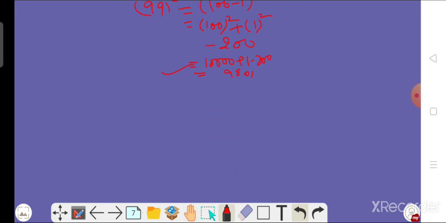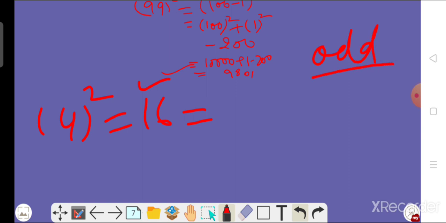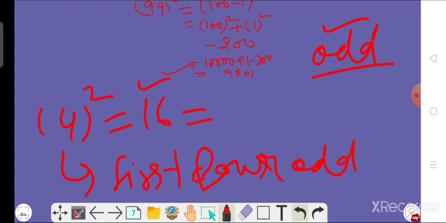And also we can represent a number's square as the sum of odd numbers. For example, 4 square is equal to 16. We can represent this 16 as the addition of odd numbers. Okay, and the odd numbers that we have to add are the first 4 odd numbers. So the first 4 odd numbers are 1, 3, 5 and 7.